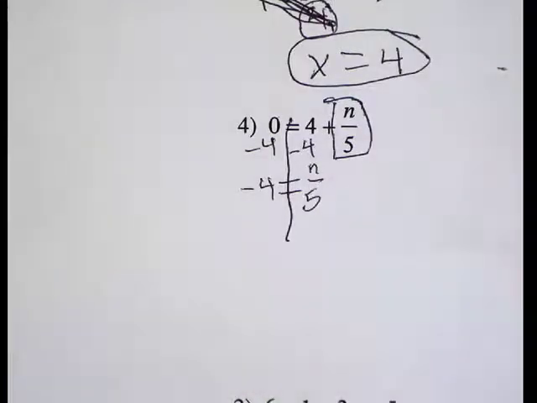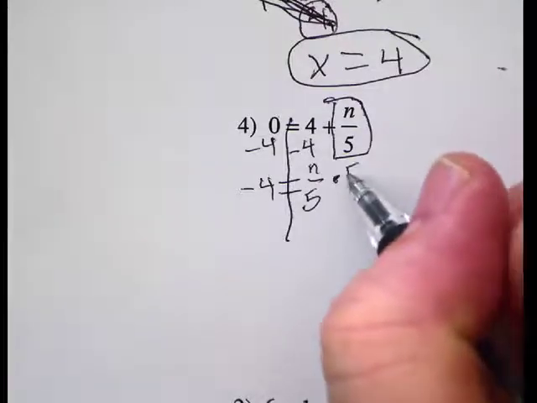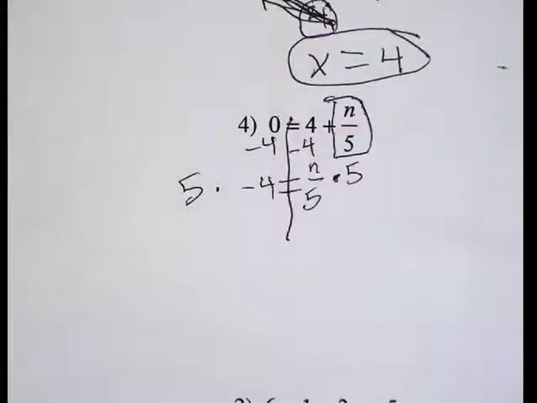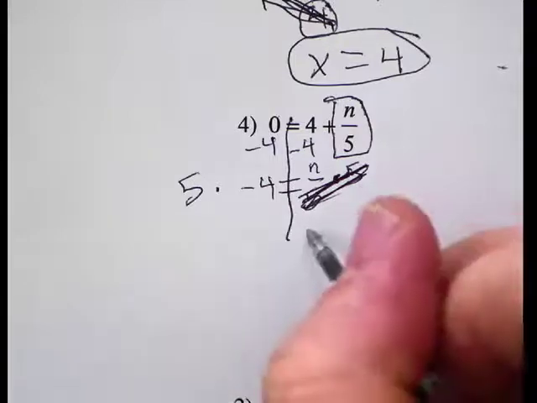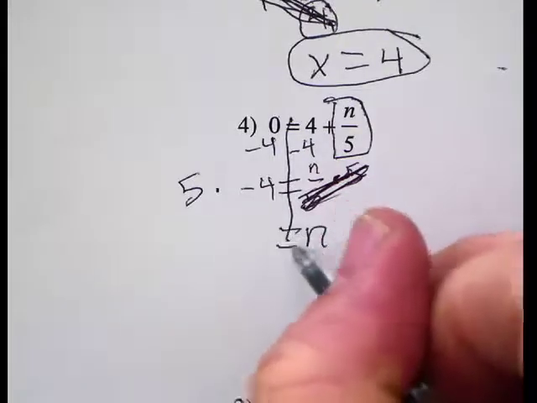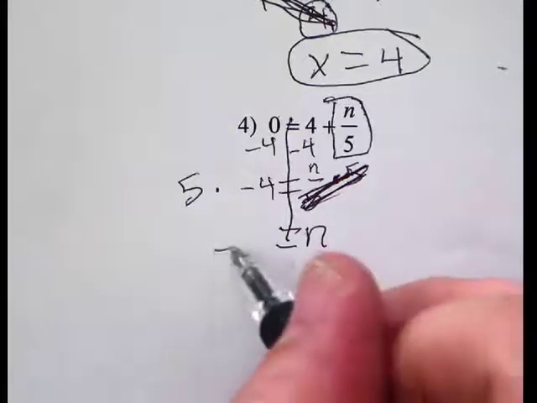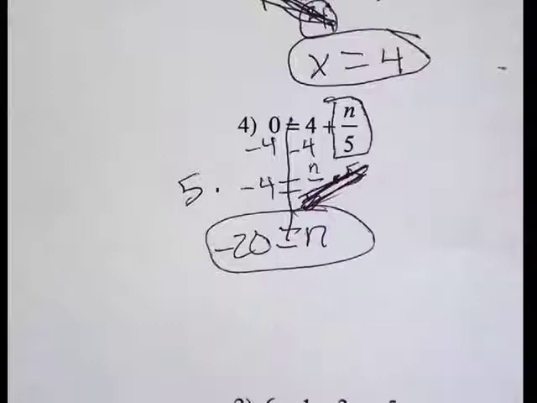Now step 2 is to clear that fraction out. To do that, we're just going to multiply by 5. Multiply by 5. We have to do it to both sides. Those cancel out. We're left with just n over here. And negative 4 times 5 is negative 20. And that's the answer to number 4.